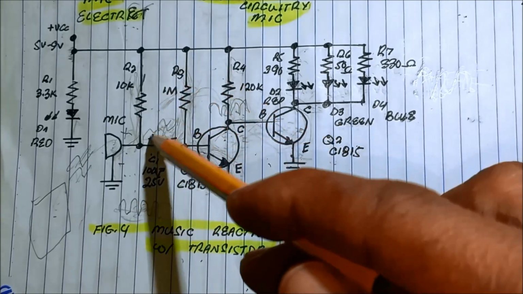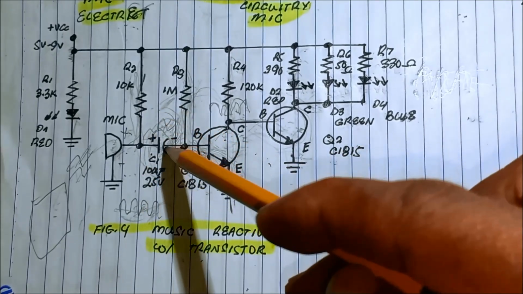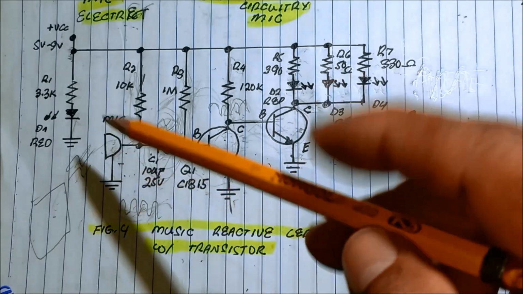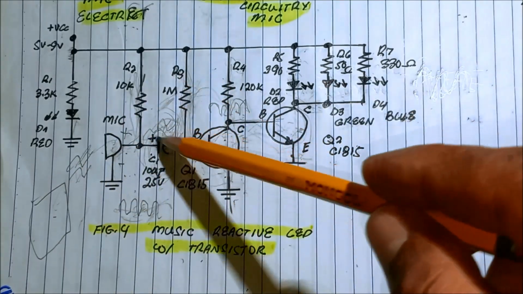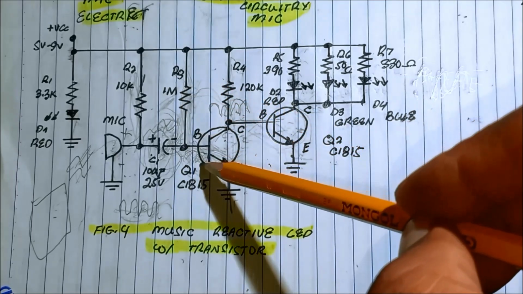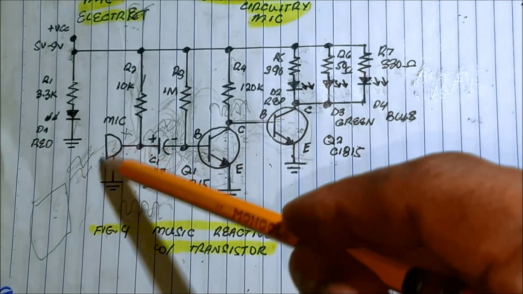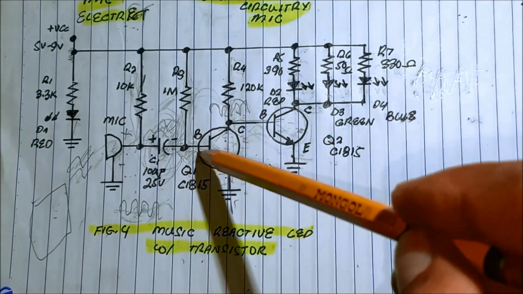That's why it serves as the coupling capacitor, or it will isolate the direct current from the alternating current, or the analog sine waveform produced by the mic. So in here, it modulates.